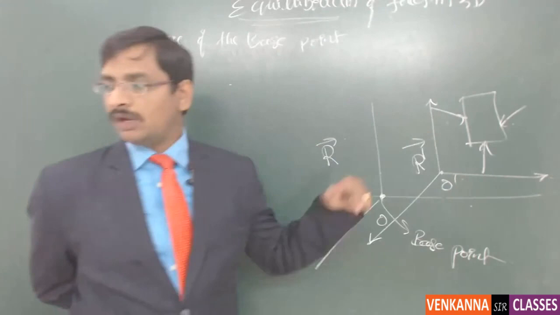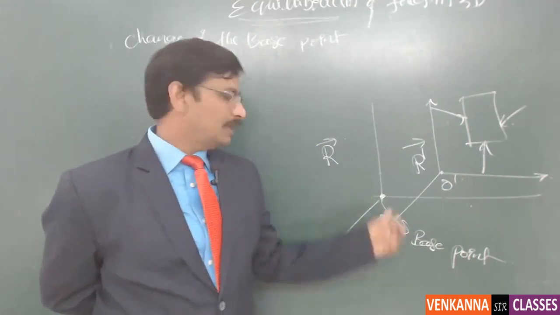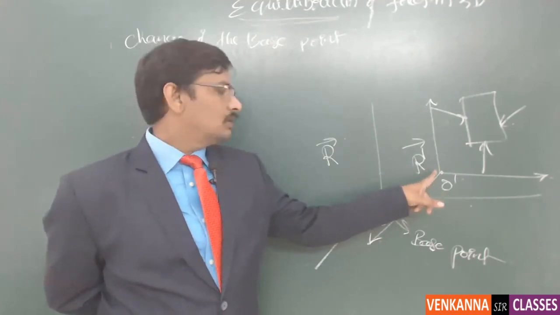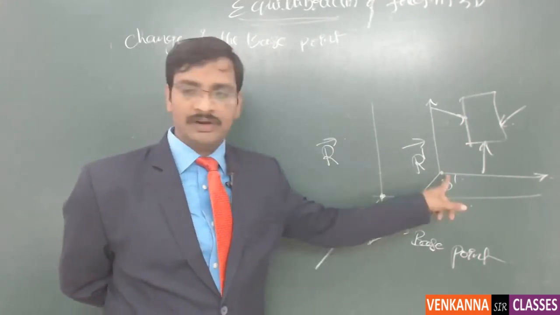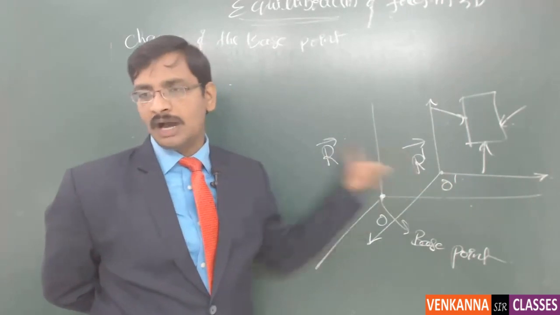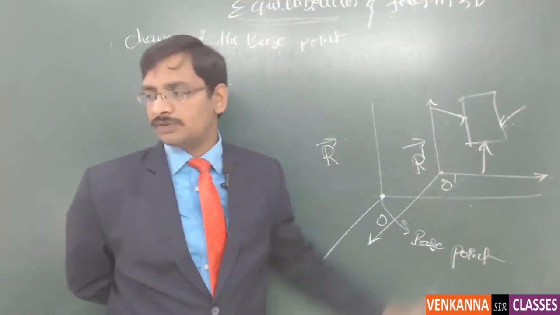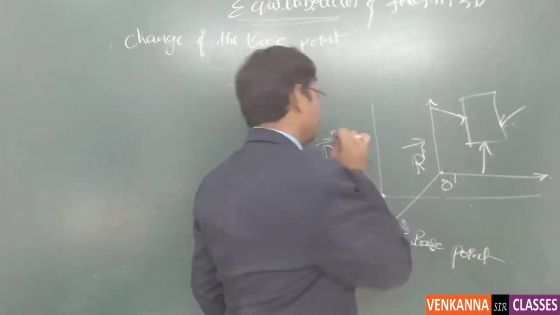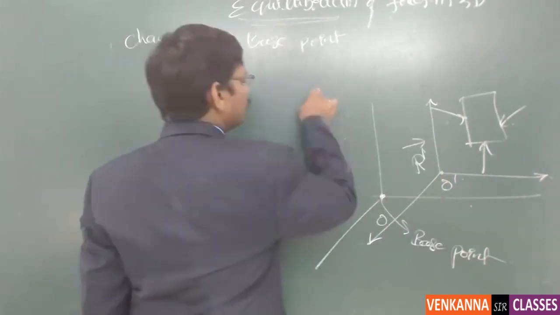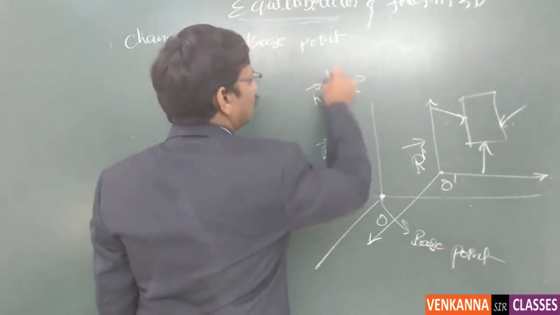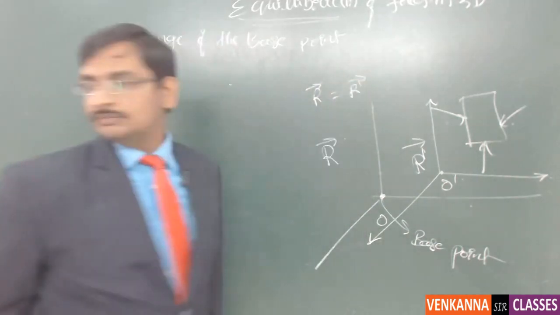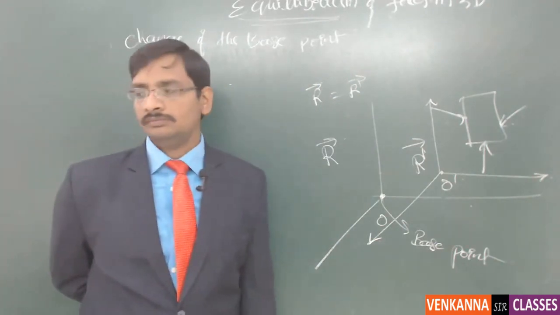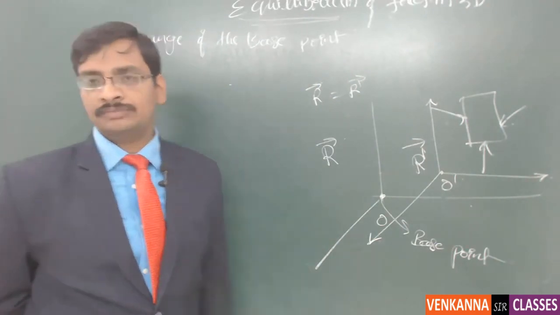Now here, as we have got the flexibility to select the base point, this is one base point and this is another base point. Now, referring to this point versus referring to this point, is there any difference in the R value, which is nothing but the resultant of all the forces which are acting at this point and acting at this point? So this is R dash and this is R. So can I say that R is equal to R dash, or I should not say that? Can I say that?